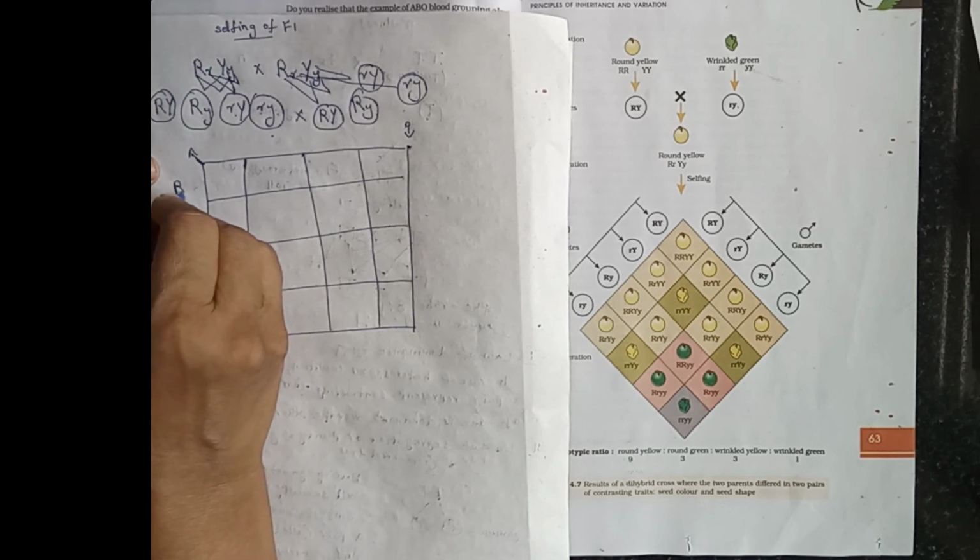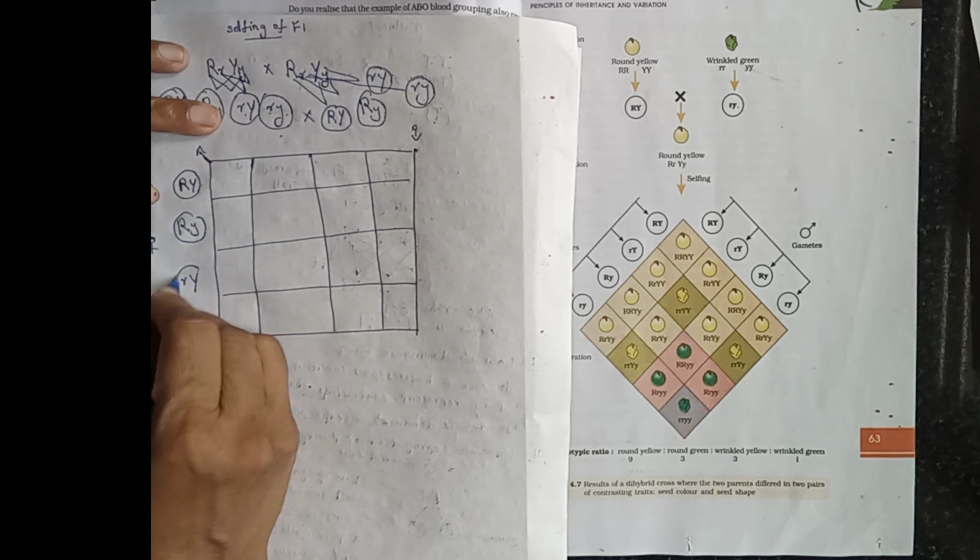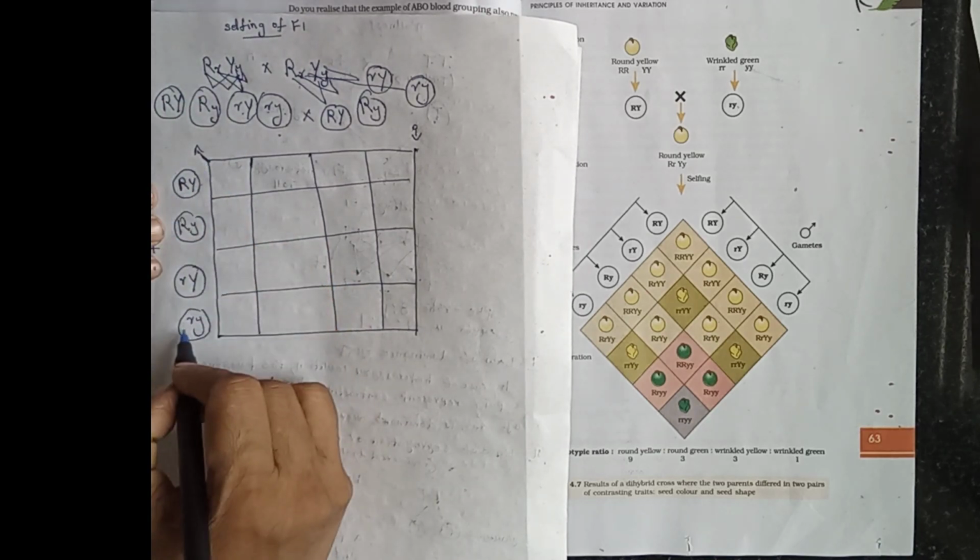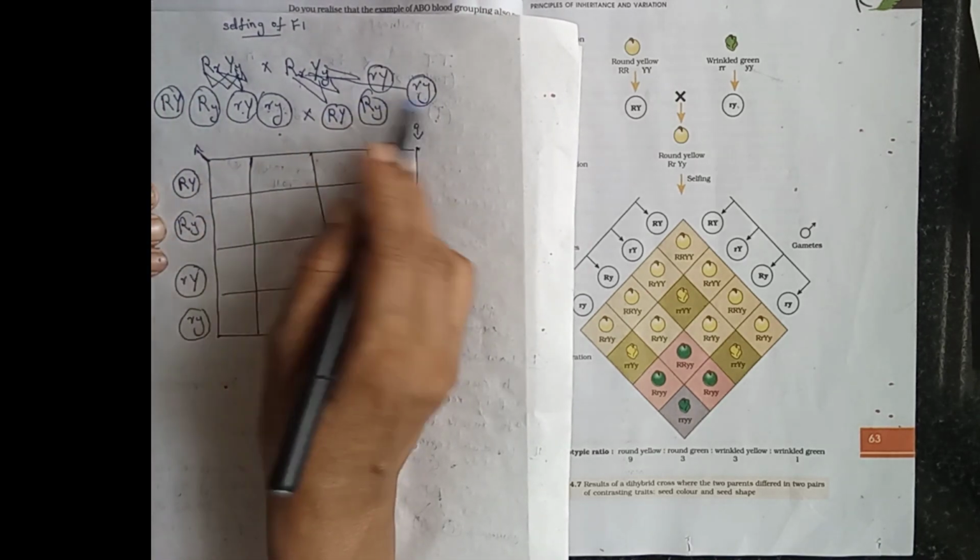Just we put capital R, capital Y, capital R, small y, small r, capital Y, small r, small y. Then these are the ovules and these are the pollen grains.